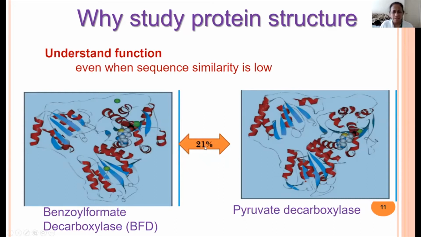That means they are not related to each other, which means they probably don't do the same function. That's not what it means. So in order to understand similarities between two sequences, even if their sequence identity is low, we need to have three-dimensional structures.